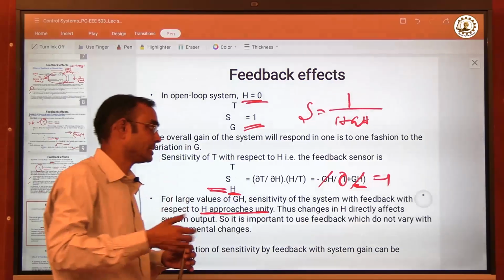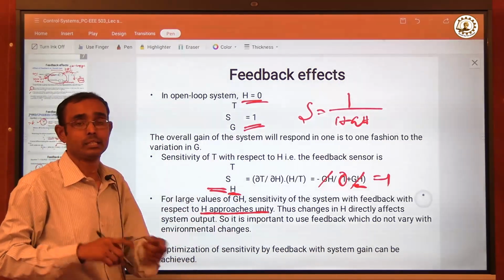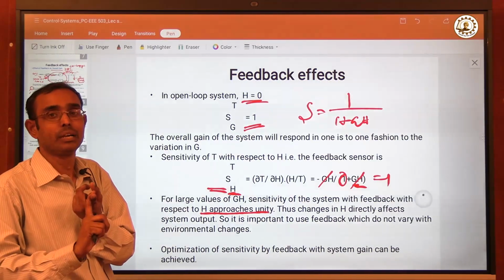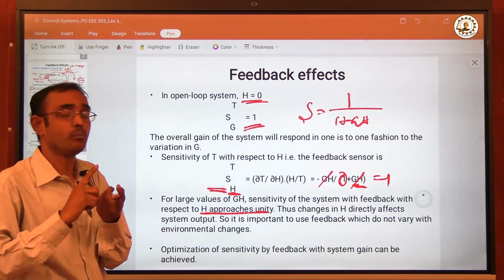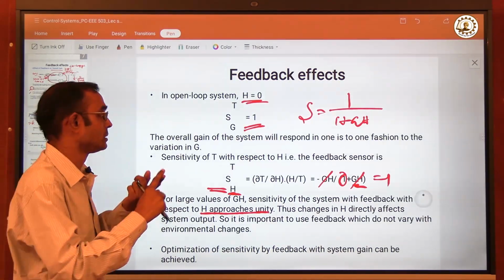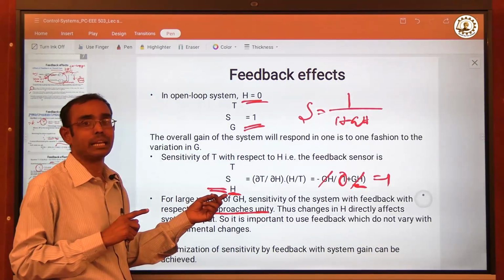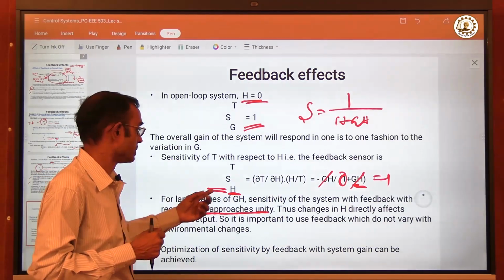So sensitivity analysis with respect to h rather than g is far more difficult to handle when running the system.